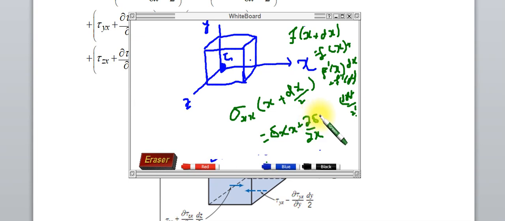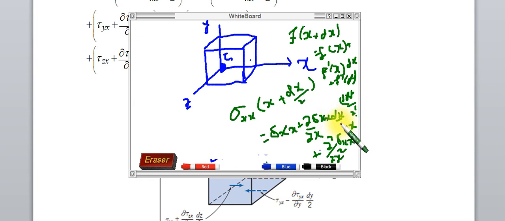sigma xx, dx, plus partial square by partial x square, the double derivative of sigma xx, dx.